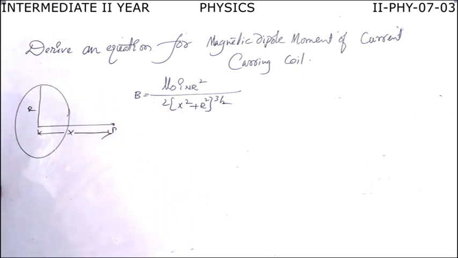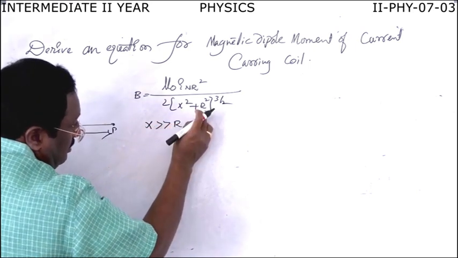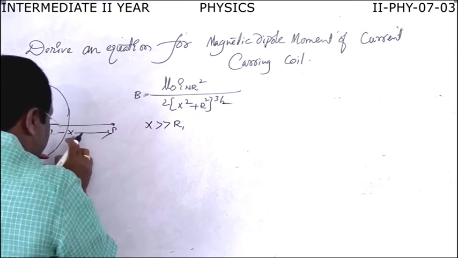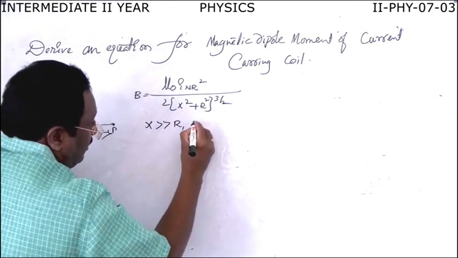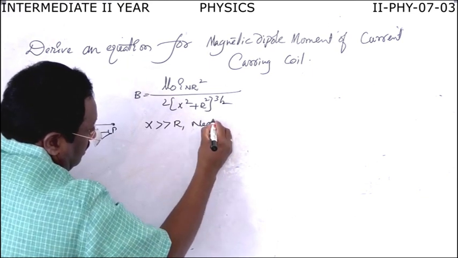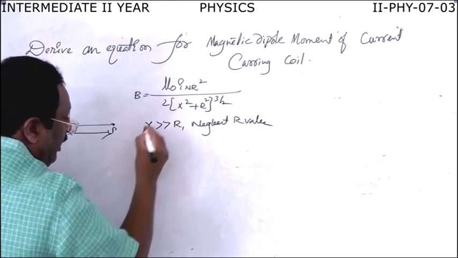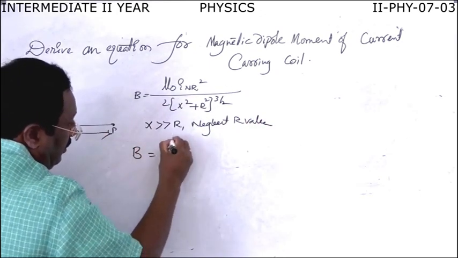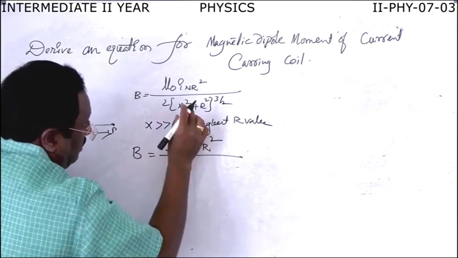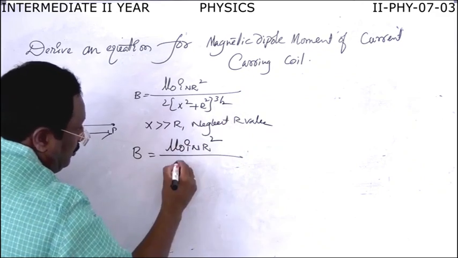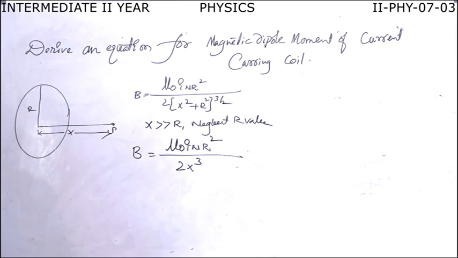If x is much greater than R, we neglect the R value in the denominator. Now it becomes B equals mu naught I N R square by 2x cube.